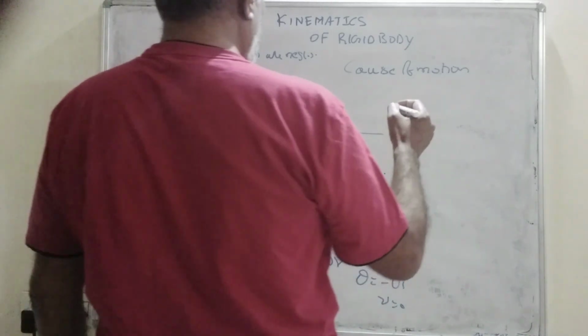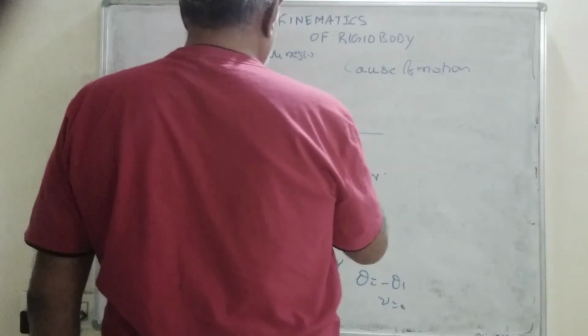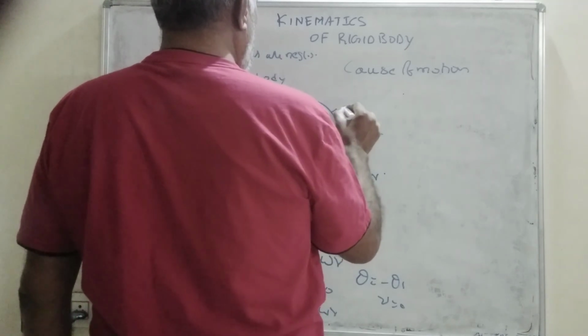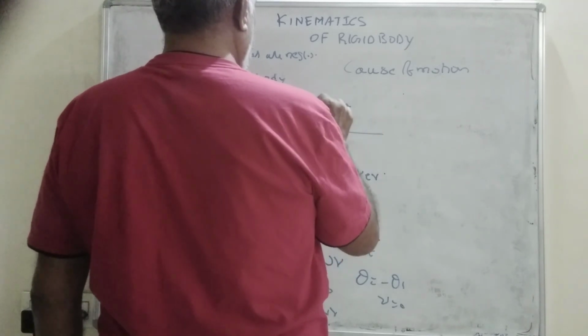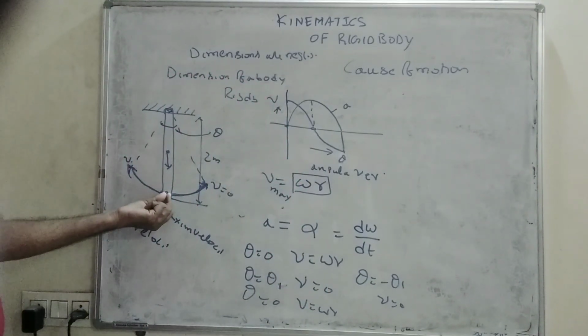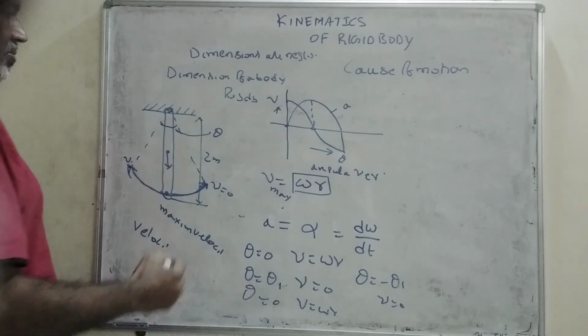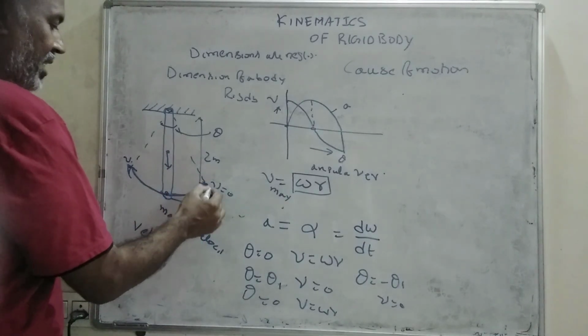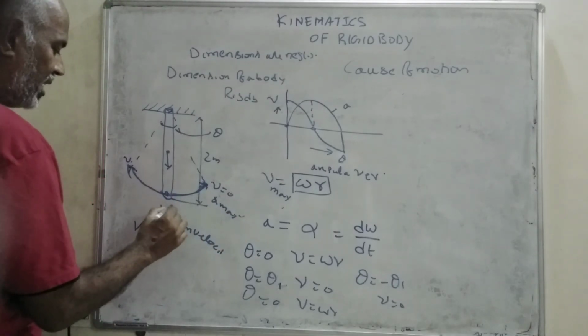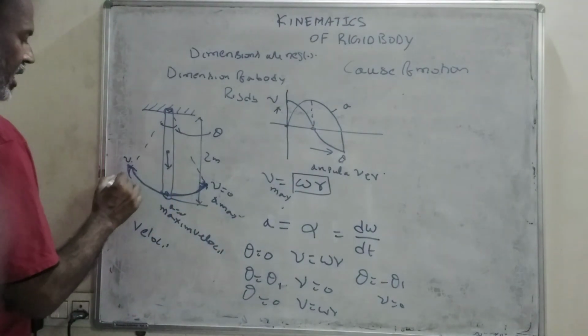So, the acceleration diagram will be like this. At theta equal to 0, the direction of acceleration is changing. Here you have maximum acceleration, here you have zero acceleration, and here you have maximum acceleration.